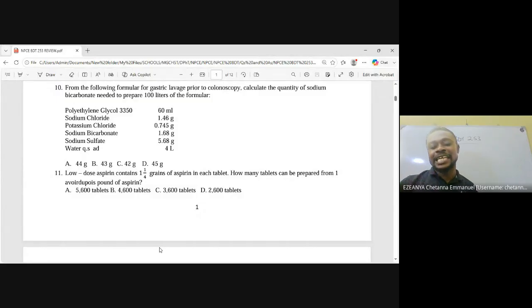Once you get it, you multiply the quantity of bicarbonate needed to produce 4 liters by that enlargement factor, and you get the quantity you need for 100 liters. If you like, you can do it by ratio and proportion. Anyone you use is okay, but I prefer finding the enlargement factor straight up.